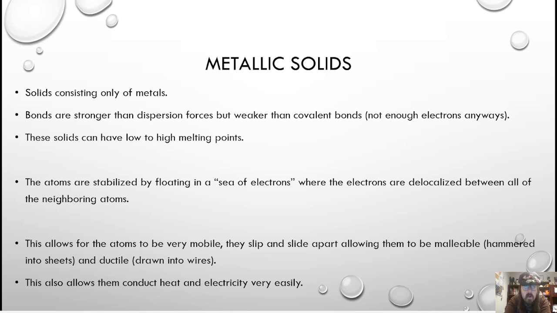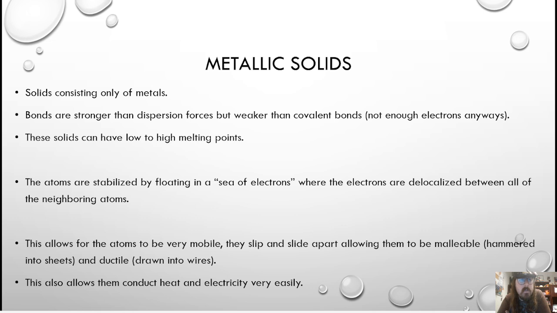Now, these bonds are stronger than dispersion forces, but they are weaker than covalent bonds, because we see an attractive force, but there's not enough electrons to give all the metals all the electrons they want, because the metals just don't have enough electrons. And so because of that, these solids can have a wide range in melting points, depending on how well they pack and how many electrons they have.